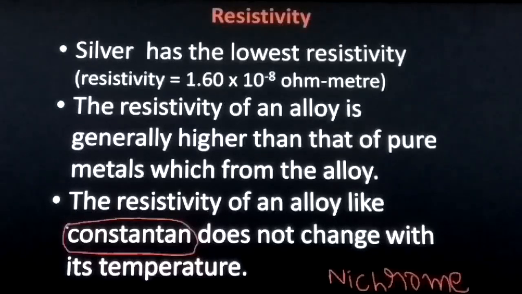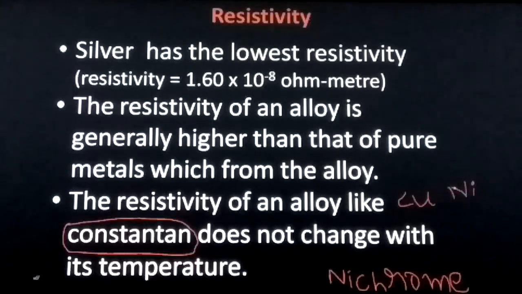Students, constantan is an alloy, a combination of copper and nickel, Ni. Its symbol is Ni.